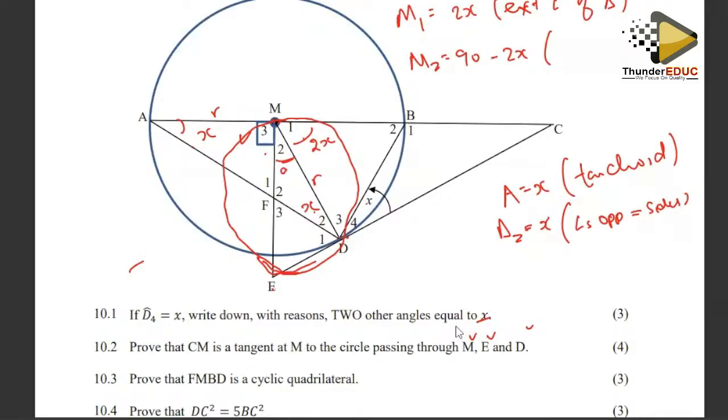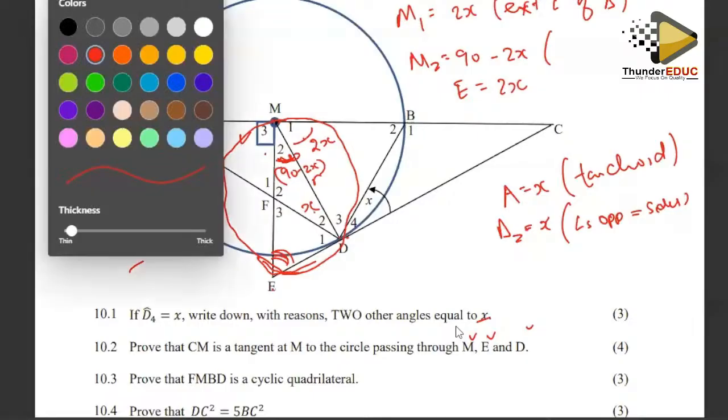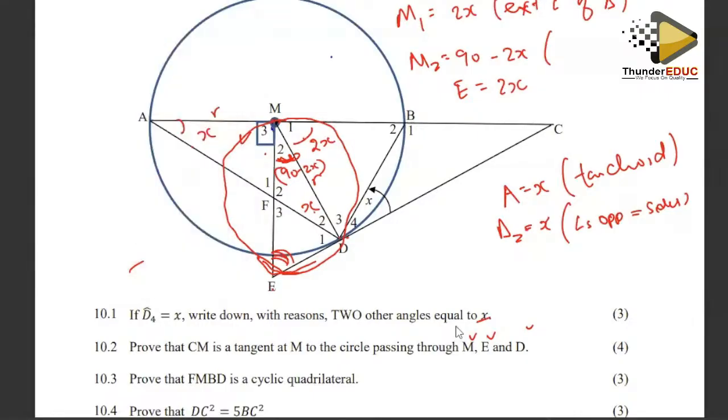Then if that is a 90 minus 2x, we know that this angle is going to be a 90, because definitely those are angles in a semicircle. So if that is true, then where is our E? This angle here is going to be 2x, because when you focus on the triangle MED, if this is a 90 minus 2x, which means this is 2x.